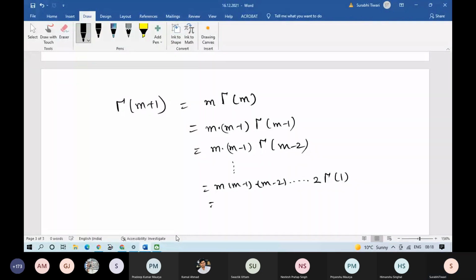So this is m into m minus 1 into m minus 2 so on 2 into 1. What is this? This is m factorial.